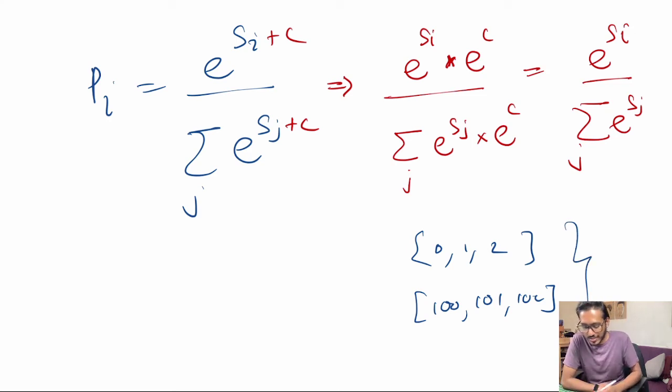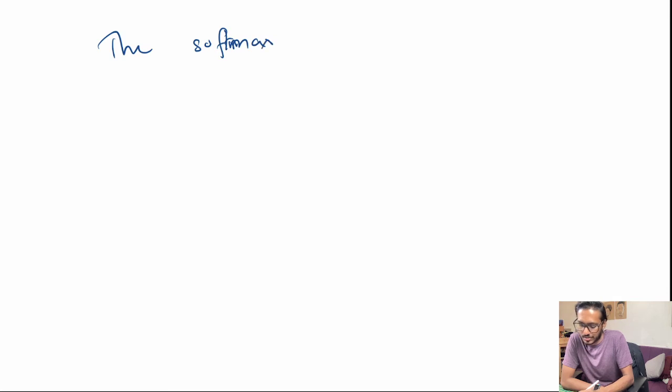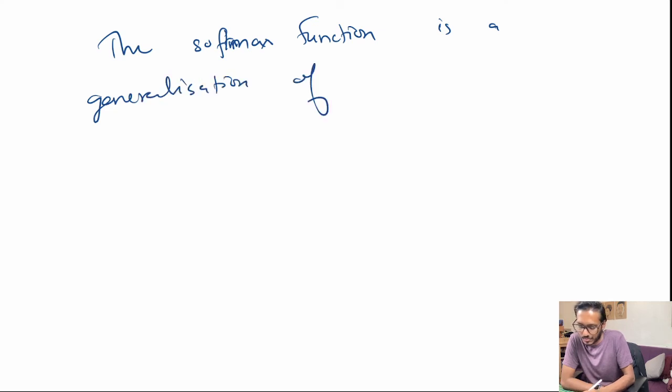So this is why we like the softmax function, and this is a generalization of the logistic function into k dimensions. So we can say that the softmax function is a generalization of the logistic function.